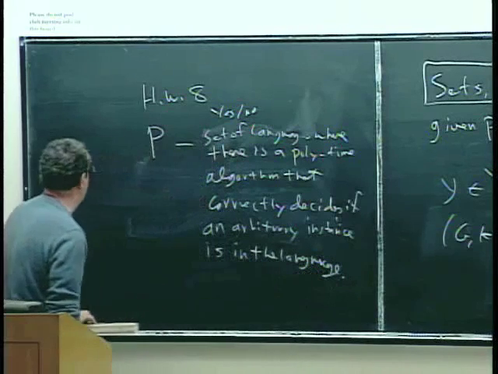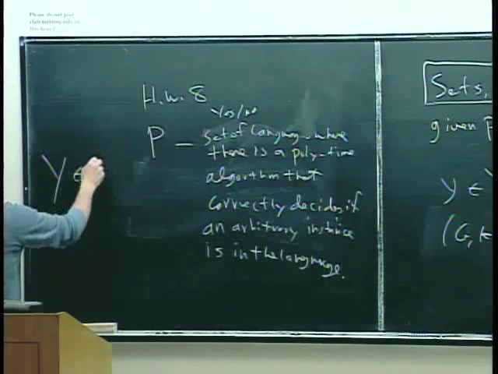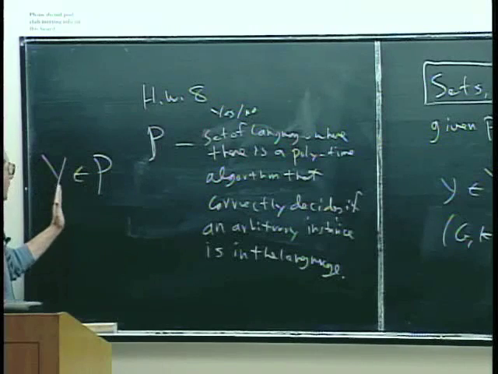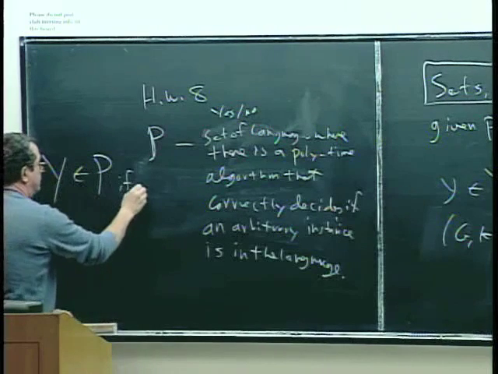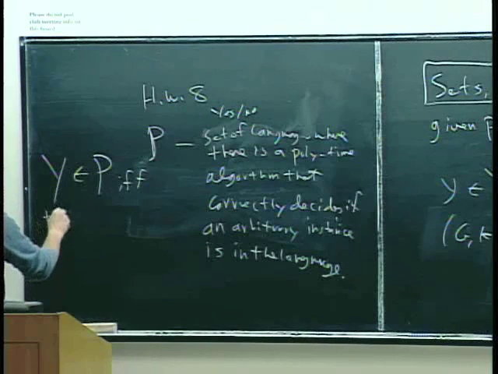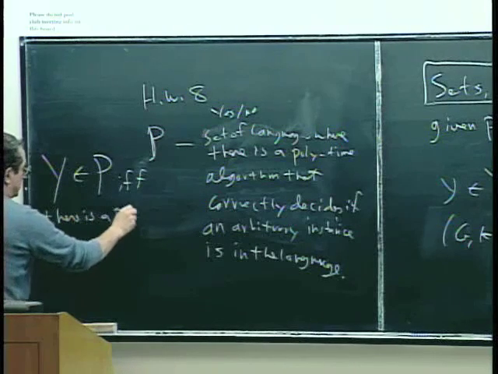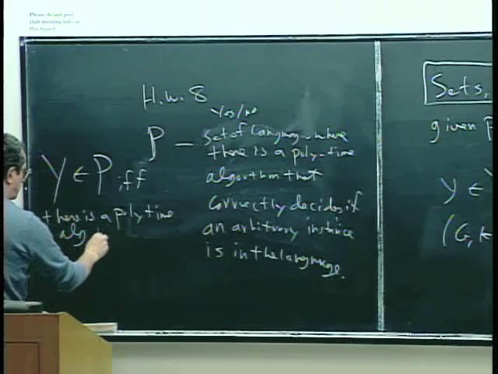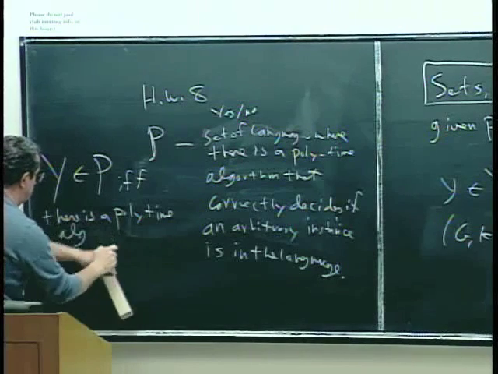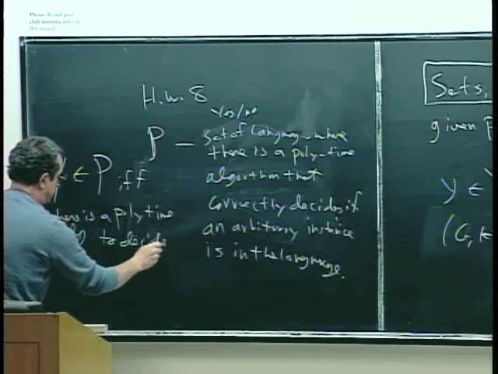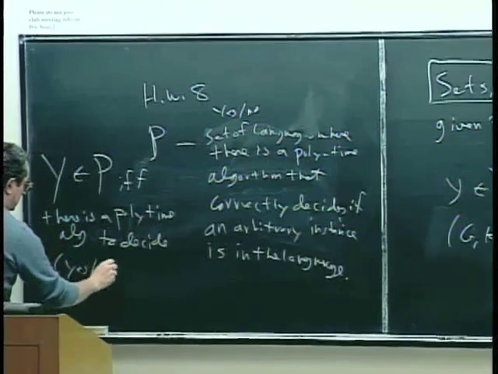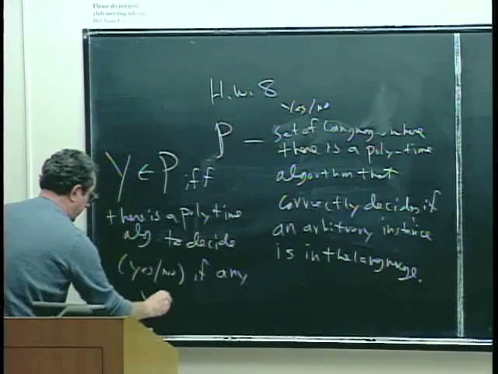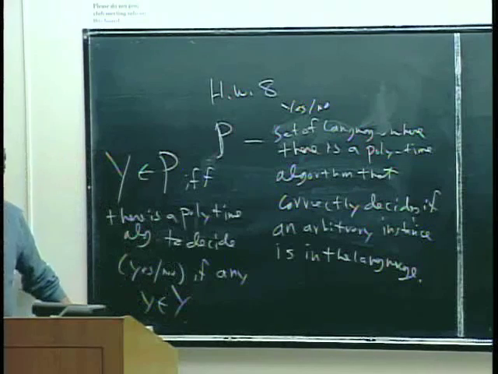Okay, so let me write that another way. A problem Y is in P, let me make this a little scripted, Y is contained in P if and only if there is a polytime algorithm to decide, that means yes or no, if any input little y is contained in capital Y. All right?